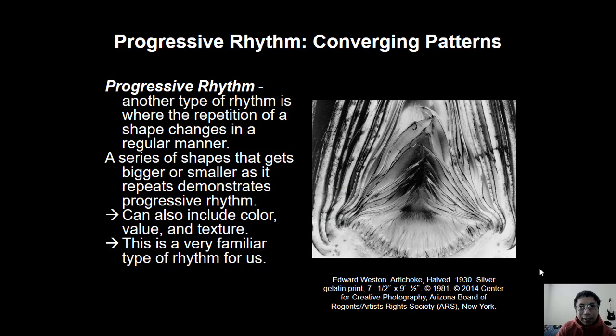So we have this idea of progressive rhythm. It is converging patterns, so it's actually a different type of rhythm, where the repetition of a shape changes in a regular manner. And in this example here, Artichoke, Halved, Edward Weston, 1930. It looks like an abstract photograph.